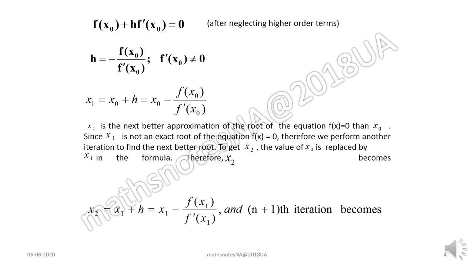And n plus 1th iteration also we can write down, and that becomes x(n+1) is equal to xn plus h, which is equal to xn minus f(xn) upon f dash xn. So these values have been calculated on nth root, and we are calculating n plus 1th root, and n takes values 0, 1, 2 and so on.